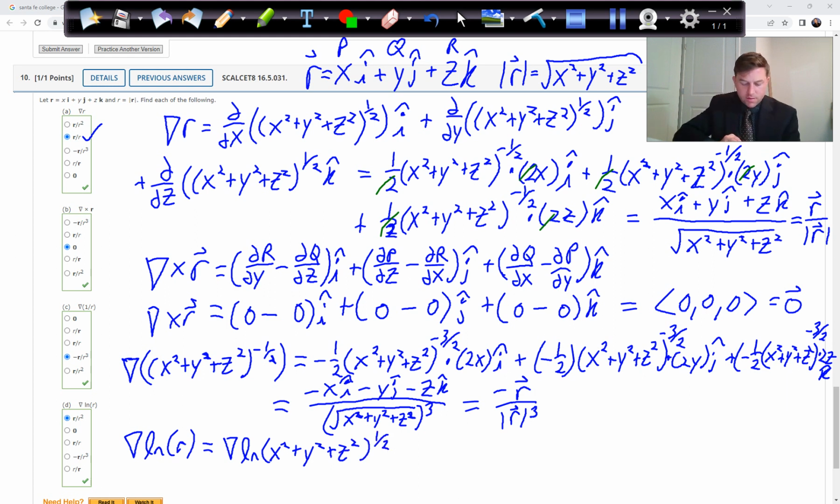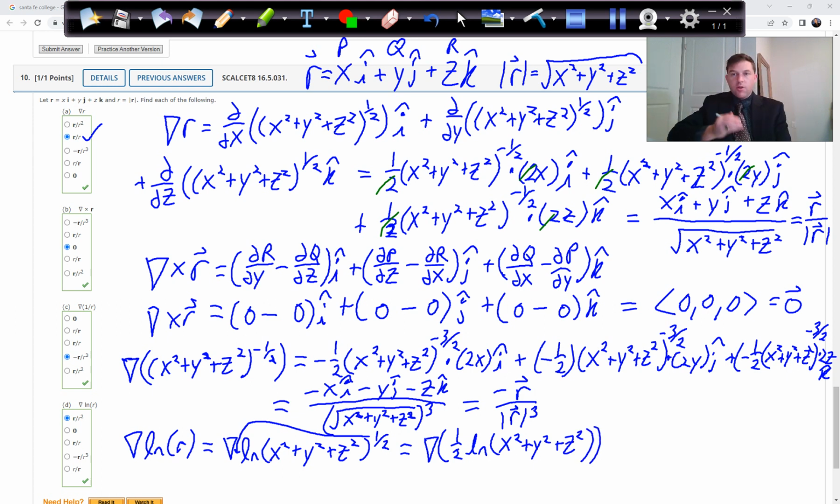That's what r is. Now we're going to use a property of logarithms that says you can bring this 1/2 down in front. So this is equal to the gradient of 1/2 the natural log of x squared plus y squared plus z squared.